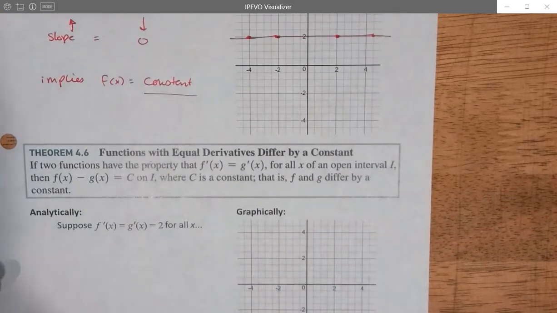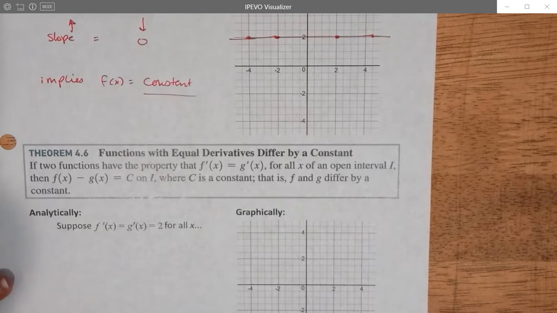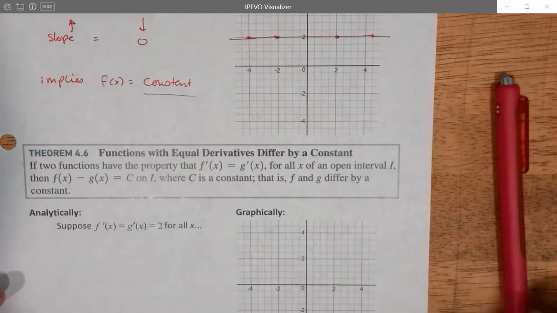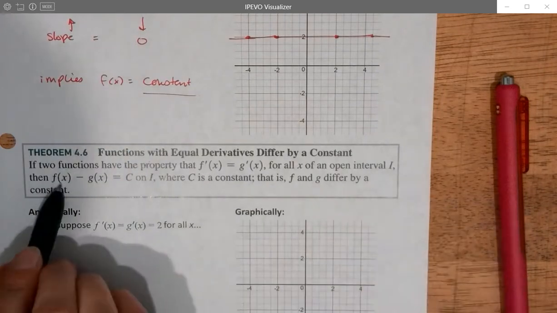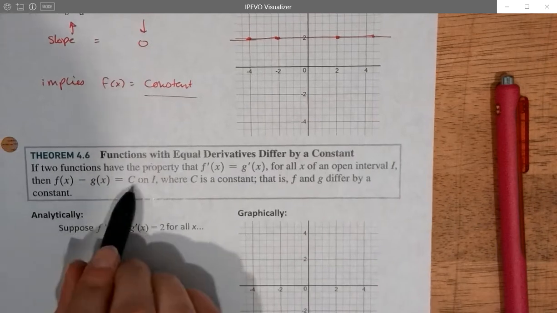The next one: functions with equal derivatives differ by a constant. So if two functions have the property that the derivatives are equal on an open interval, then the difference of the two has to be constant.